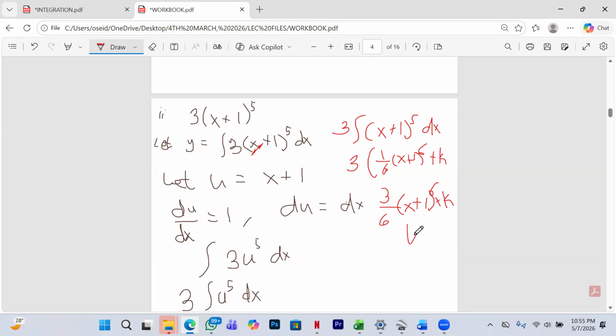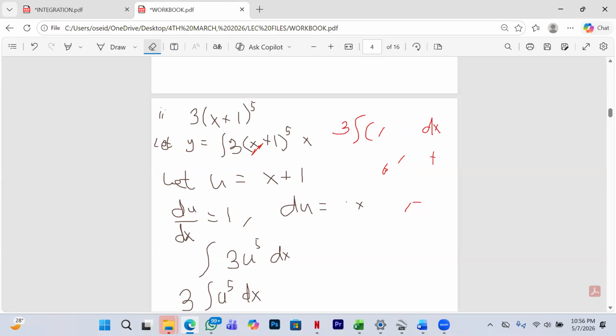If you do it like this, you are not wrong, but most lecturers prefer the first alternative that we used. So let's take note of that. All right. Please, is your question answered?